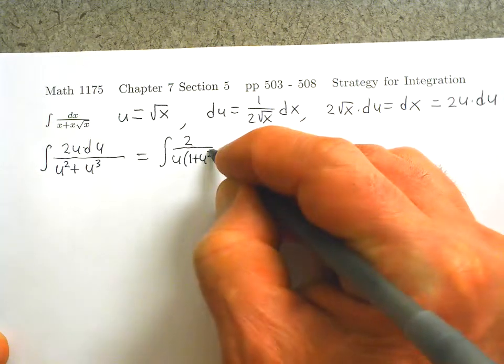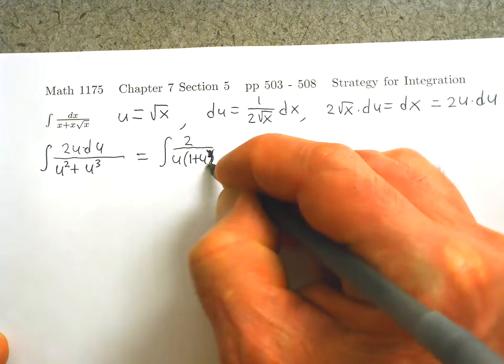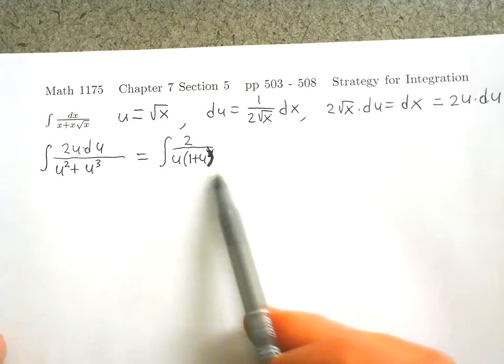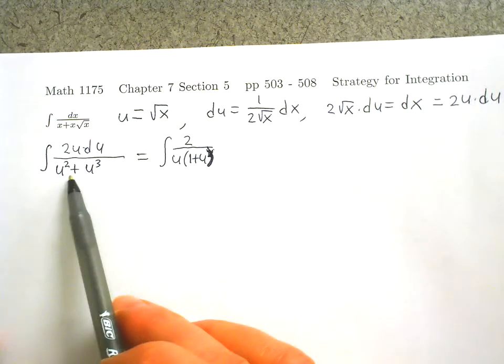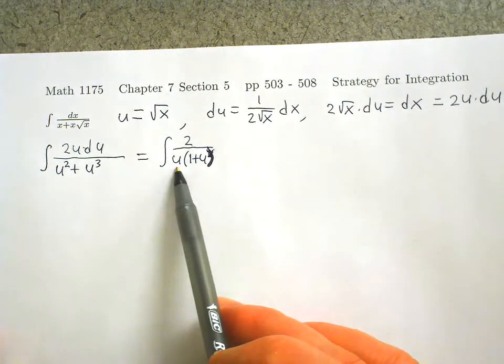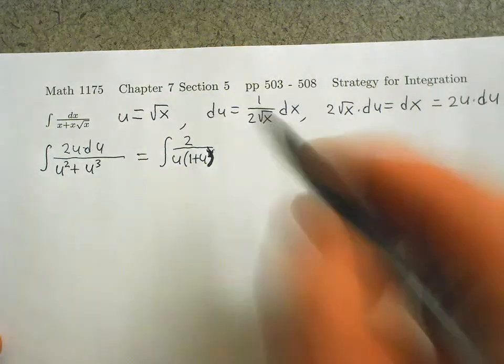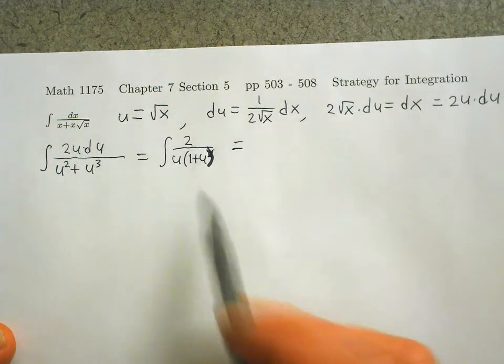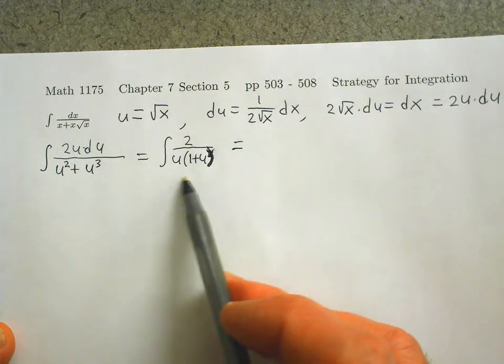Sorry, 1 plus u. I should have put another step in showing the cancellation. Yeah, but this is right, and this is a rational function. The integrand is a rational function.